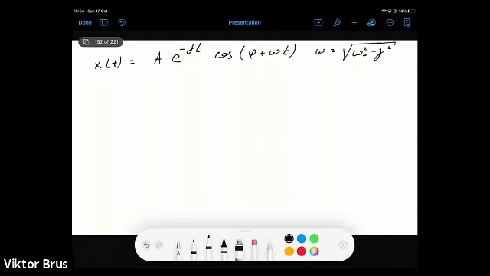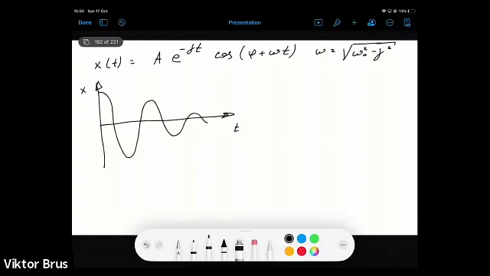So eventually, what do we get? We had kind of interesting damping oscillation. If we have here time and here is x, we have something like this. We have decaying amplitude from here and here.